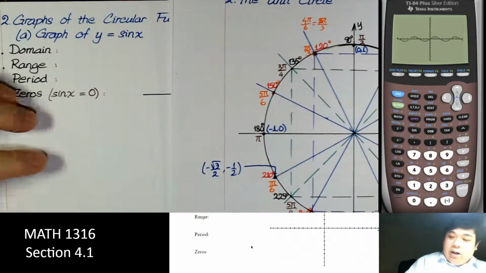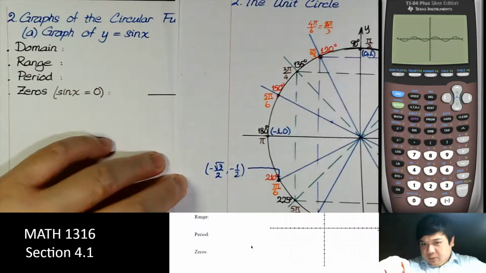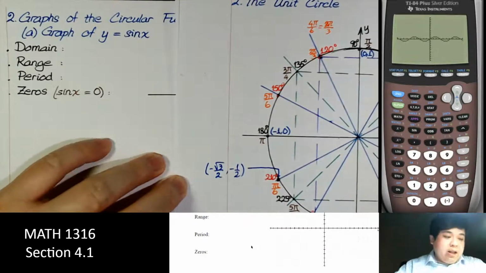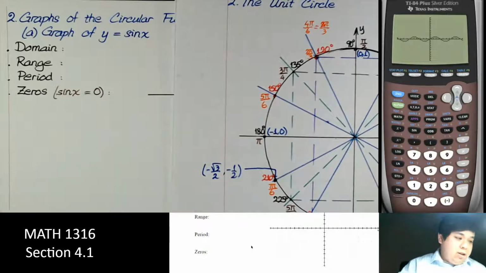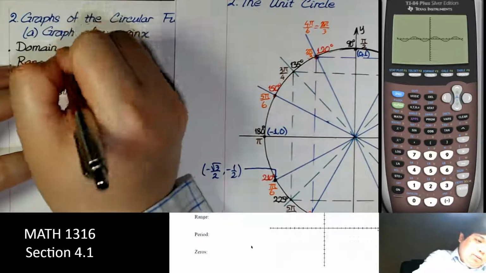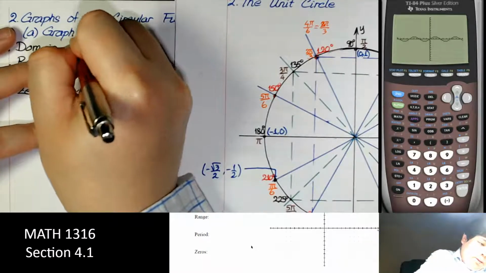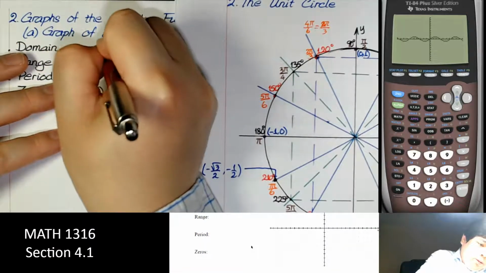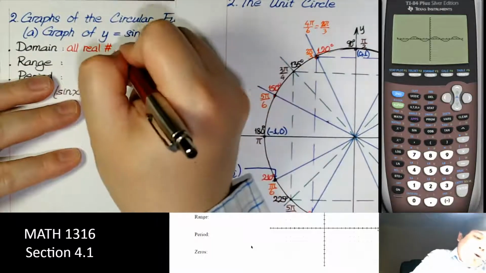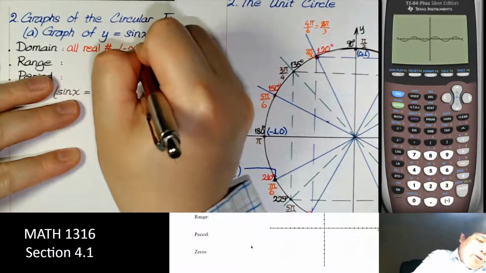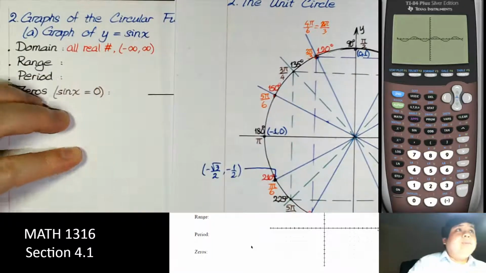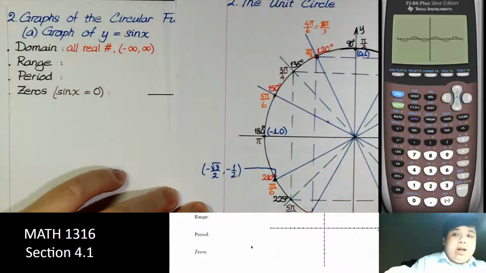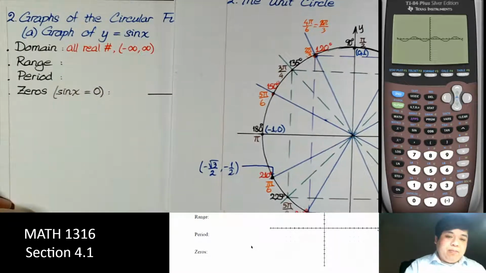So the domain for the sine is all real numbers, or we will say negative infinity to infinity. Right. Doesn't matter where the point is on the circle, there's always the y values.